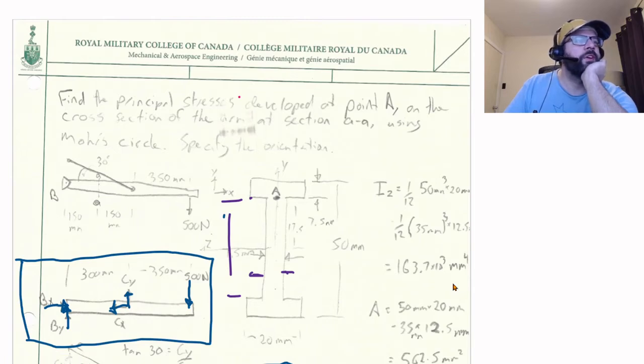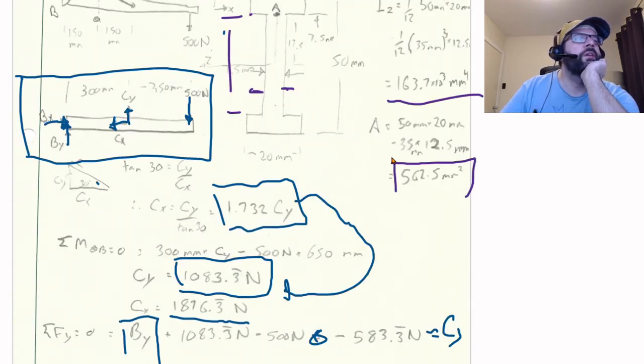So that gives us 163.7 times 10 to the 3 millimeters to the fourth. Also going to need the area. So again, 50 millimeters times 20 millimeters minus 35 millimeters times 12.5 millimeters. That'll give us 562.5 millimeters squared. So that's relatively straightforward.